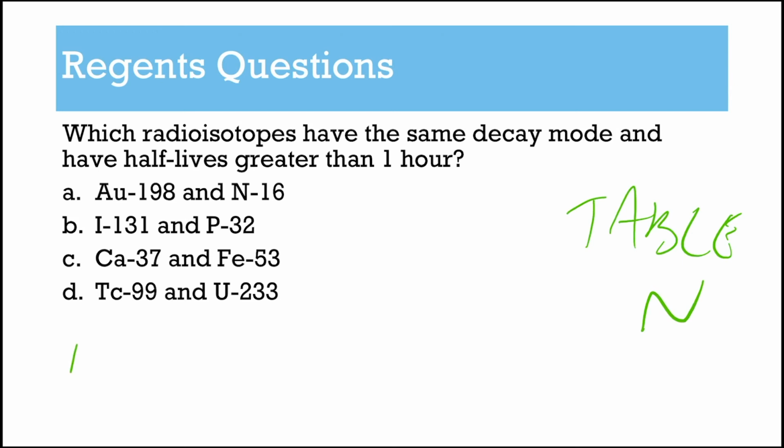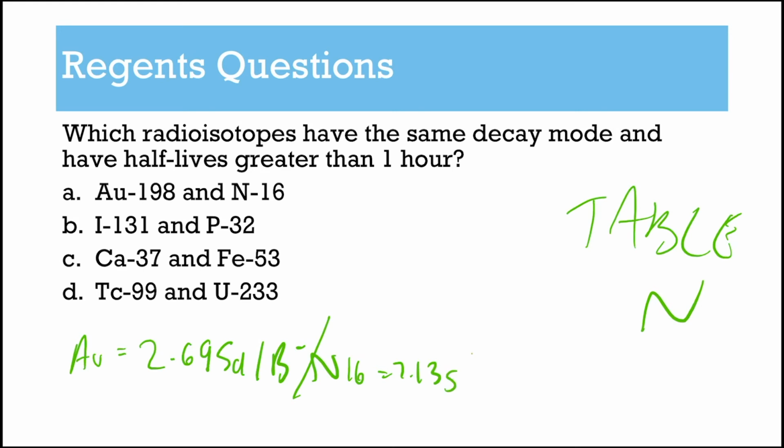So Au, we should start with A, has a half-life of 2.9695 days and is beta minus. Its pair, N-16, has a half-life of 7.13 seconds and is beta minus. So they have matching decay modes, but this is not more than an hour.